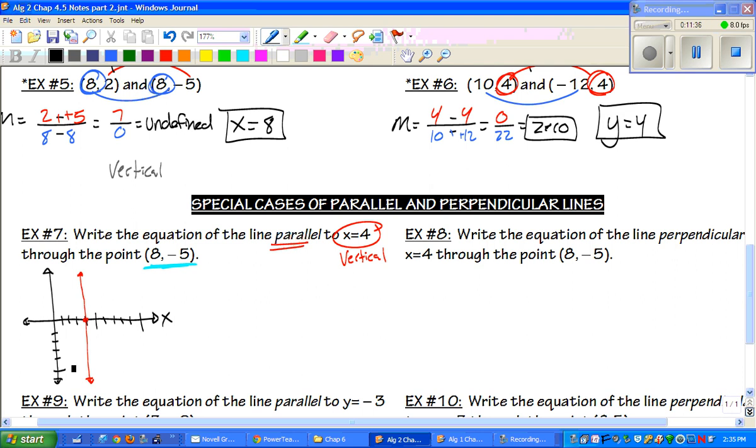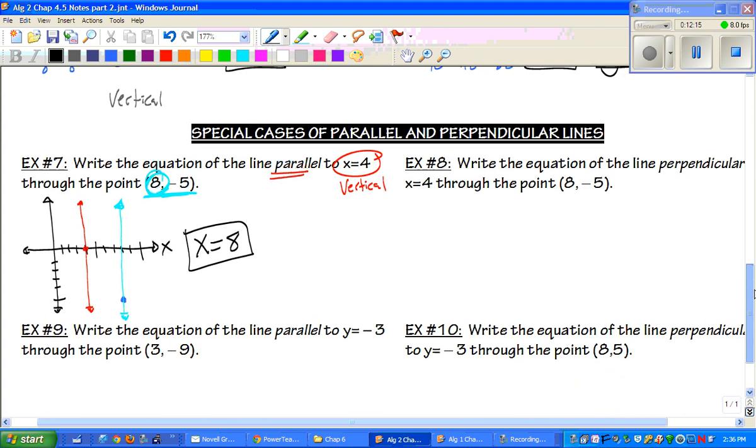So there's 8. And it's parallel. Parallel line, that means that also has to be vertical. Vertical lines are x equals, and this specific x is 8. So the specific equation for that one is x equals 8.